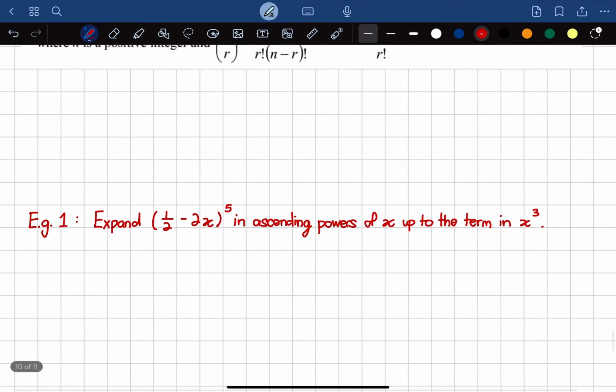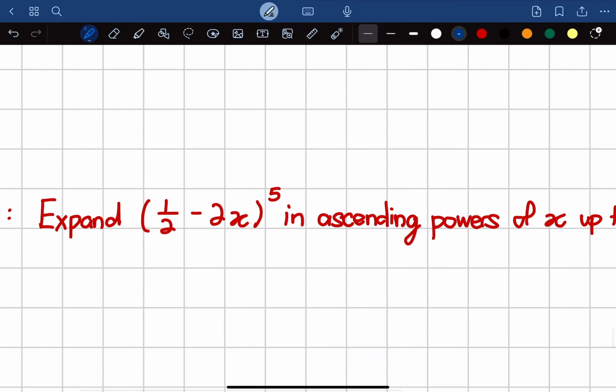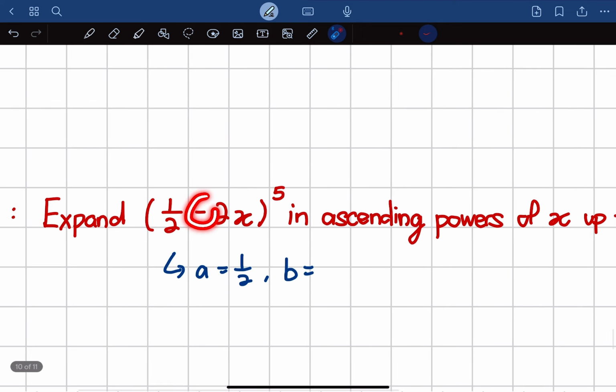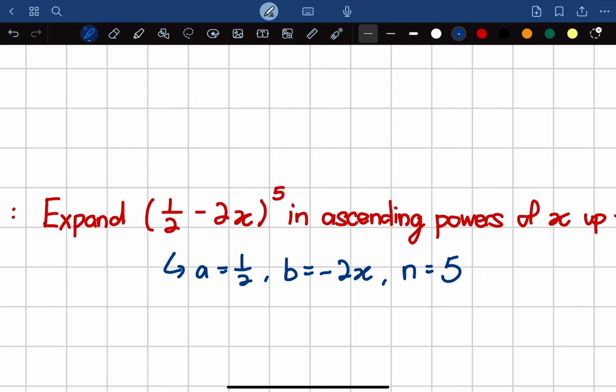From this expansion, I know that a is the first term, a is equal to half, b is the second term, and this second term here is negative 2x, not just 2x, but negative 2x, encompassing the sign in front multiplied to the coefficient. This is negative 2x, and the power here, n, is equal to 5.